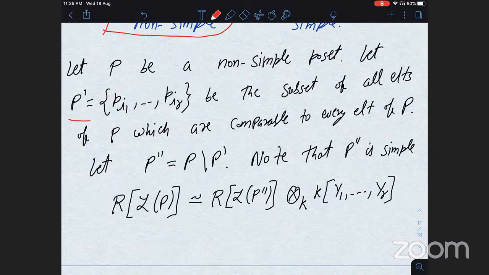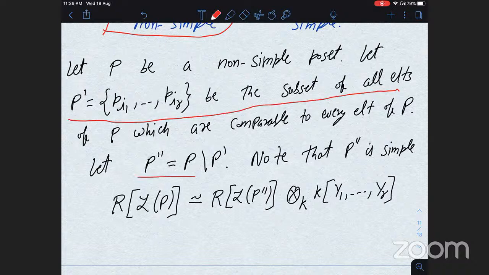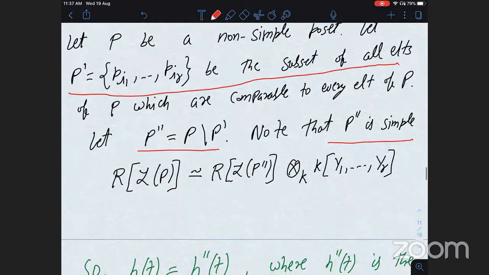Let P prime be the subset of all those elements that are comparable to every element of P. Now look at the subposet P double prime, that is P minus P prime, and note that P double prime will be a simple poset, because P double prime is obtained by removing all the elements from P that are comparable to every element of P.